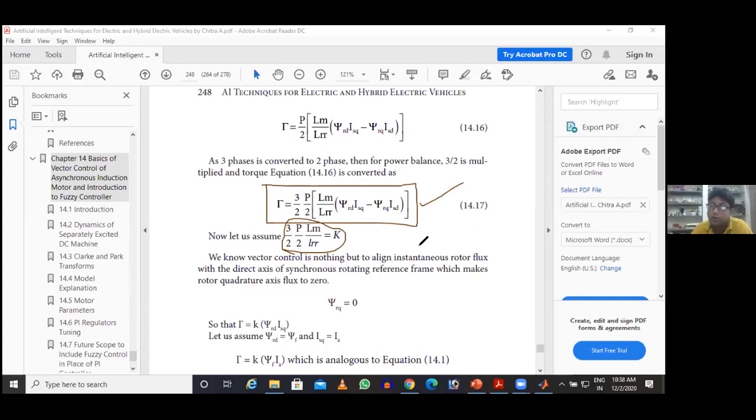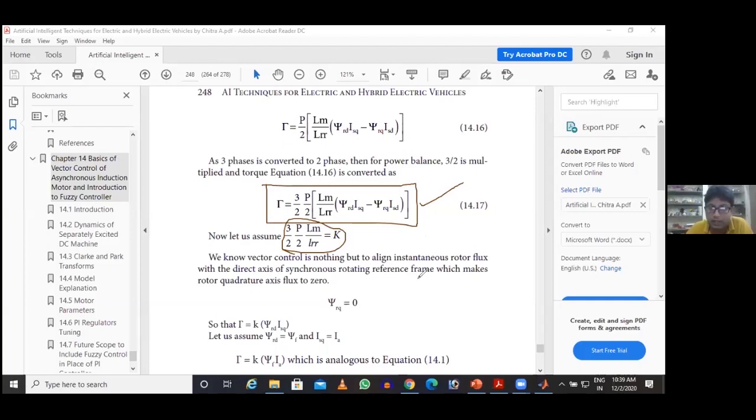What I told initially is that to implement the vector control, you have to make an analogy of a separately excited DC machine which can be applicable to the induction machine. So I am trying to convert all the governing equations of an induction machine so that they have some identity with the governing equations of a separately excited DC machine.